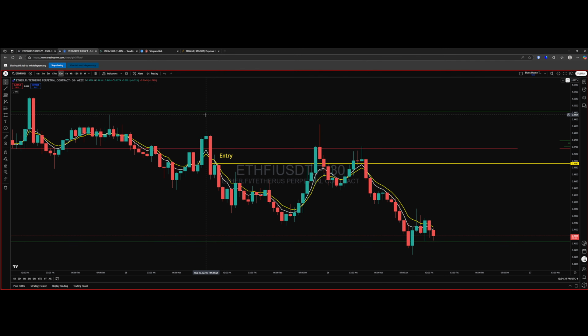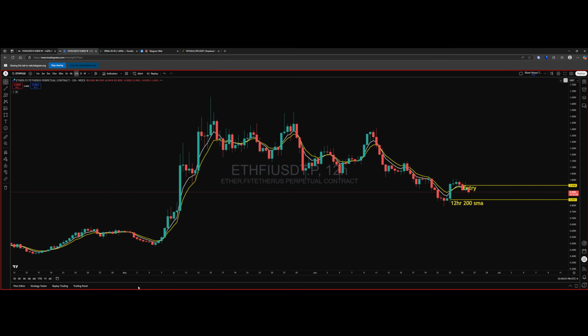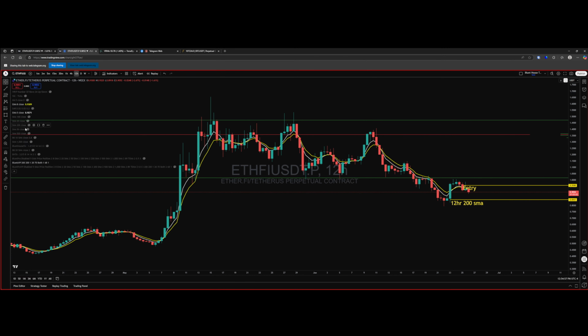That trade, on this time frame, which is the time frame that I was working off of, the 12-hour. This would be where the 200 MA is roughly, I believe, if I did this right. Yeah. Okay, so this was my 200 MA.